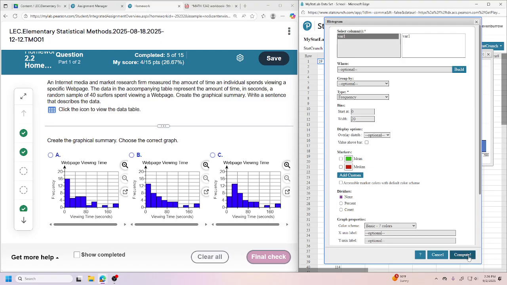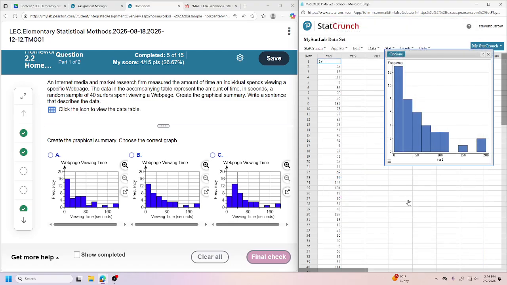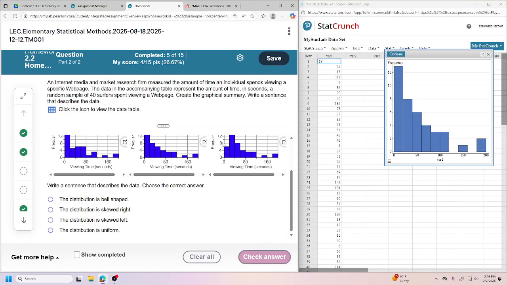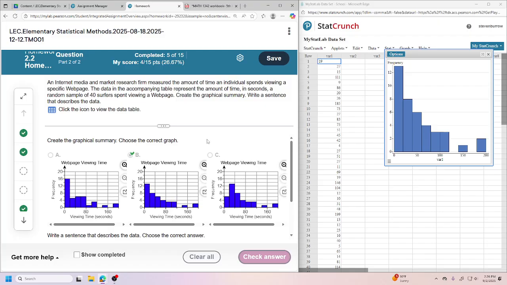Like we're specifying. I'm going to hit compute now. But you see how I changed those two numbers? 0 and 20. Here we go. Compute. Now I'm going to ask, does that look like one of my answers? It looks kind of like B, actually. But that was the one that was wrong last time. It worked. I know. I was nervous.